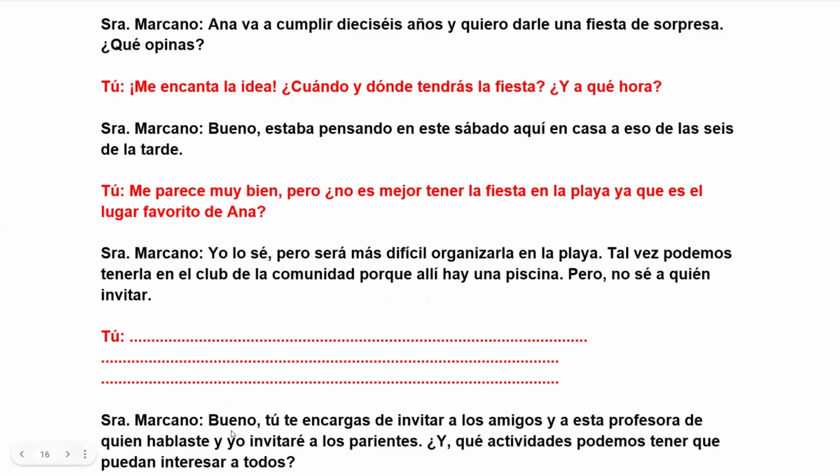Bueno, tú te encargas de invitar a los amigos y a esta profesora de quien hablaste y yo invitaré a los parientes. ¿Y qué actividades podemos tener que puedan interesar a todos?